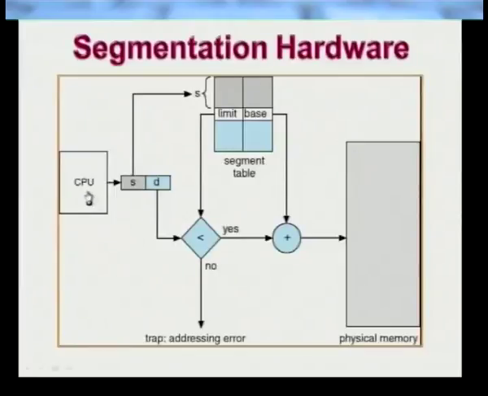Like paging, the CPU generates the logical address, and the logical address consists of S and D, and this D is taken and compared with the length of the STLR. If it goes beyond the length of the STLR, then a trap is generated stating that an addressing error has been produced.